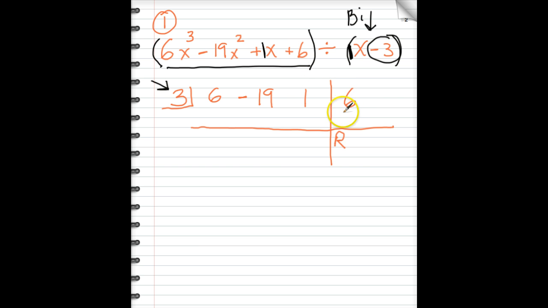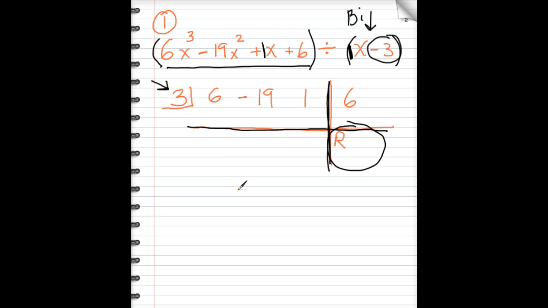Now, once you have that, I draw what I call my answer line, which is this one. My answer goes underneath that, and I draw this, which is called the remainder line. That goes in front of the constant here, and then the remainder goes in this area right here. It's kind of boxed off. Okay, that's the setup for synthetic division.